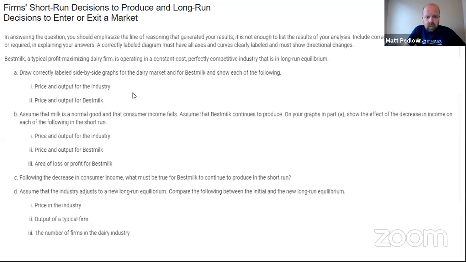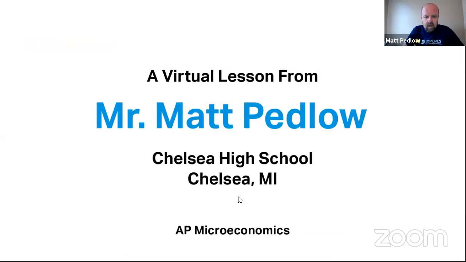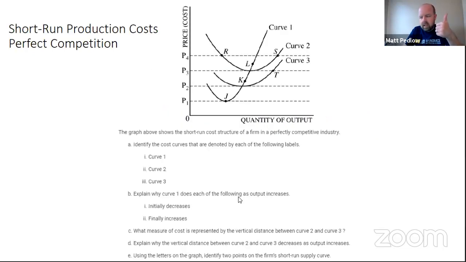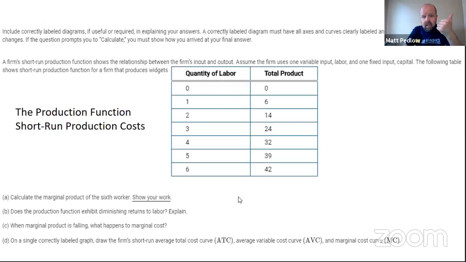Okay, so even without drawing this, if you could talk your way through this graph, then you're doing well. So to review really quick here, cost curves. You have to know the shapes of your cost curves, where they're labeled, things like that.